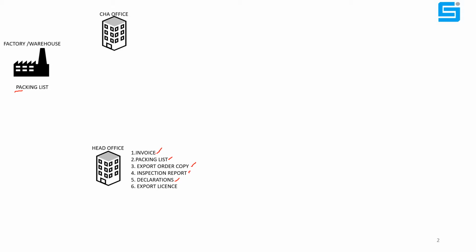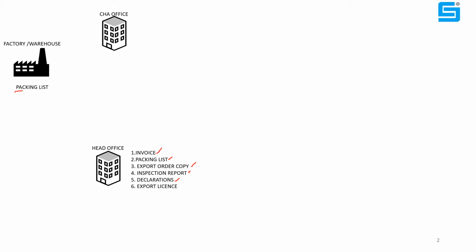You need to put the declaration on the shipping bill, which I have already explained. The export license copy, whether manufacturer license, advance license or EPCG license copy, will be available with the export documentation staff.